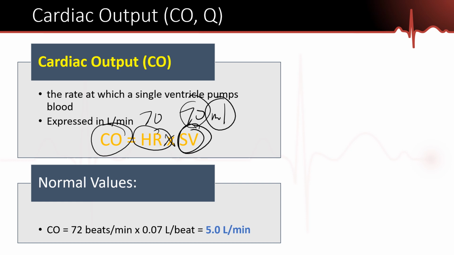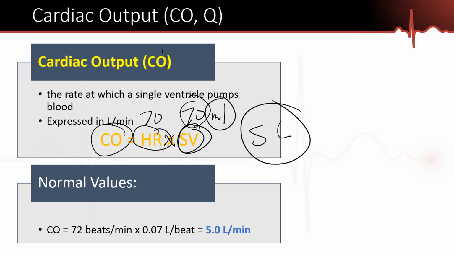That'll tell you how much blood is actually being circulated around the body per minute, right? 70 times 70 is 4,900 milliliters, and we would just say that that's approximately 5 liters.